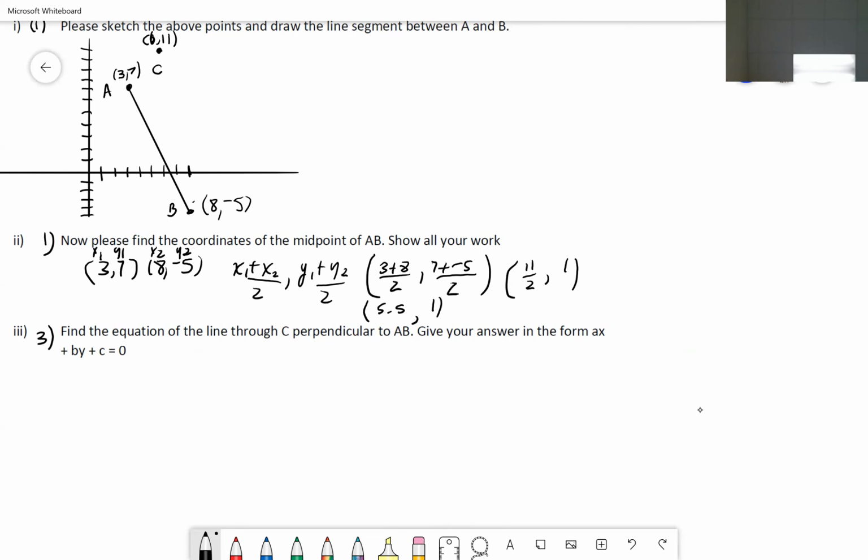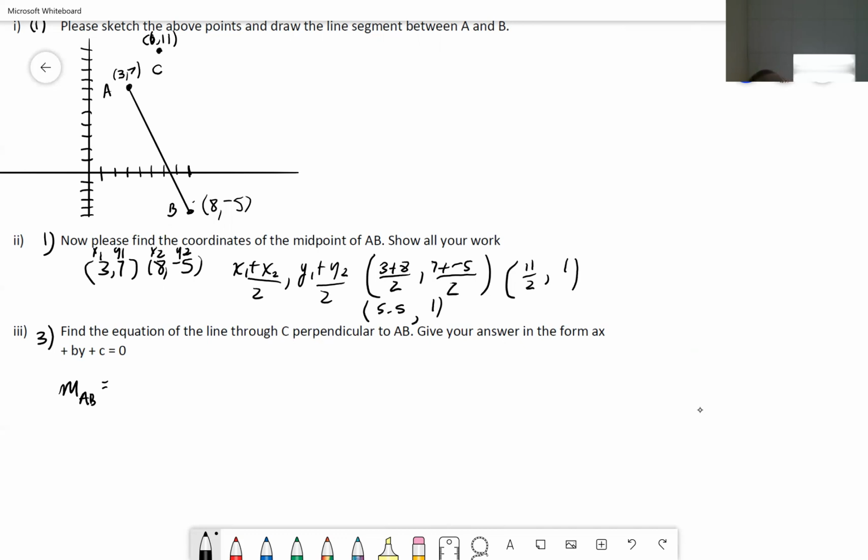All right, so the first thing I've got to do is find the slope of AB, because I need at least the slope and the point to figure out that line. But I need the slope of the line that's going to be perpendicular to it, so I can do the negative reciprocal of it. So the first thing is you've got to do the slope of AB.